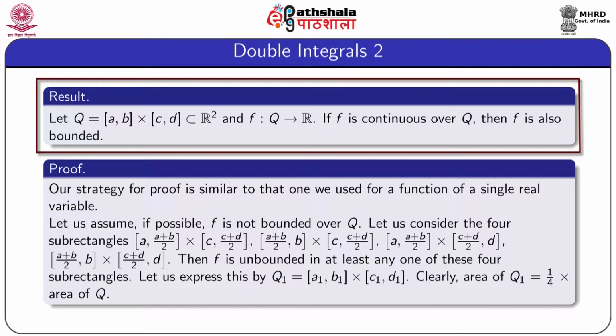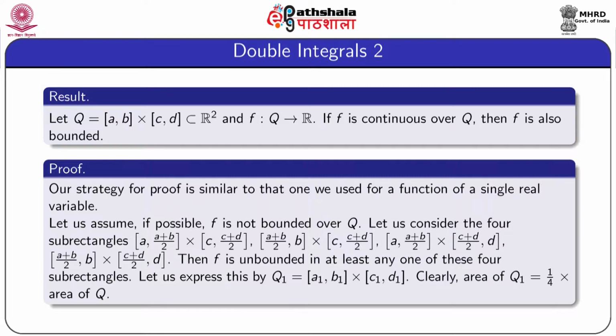First result: let Q equal to the Cartesian product of the bounded closed intervals [A,B] and [C,D], and F from Q to R. If F is continuous over Q, then F is also bounded. Our strategy for proof is similar to the one we used for a function of a single real variable.